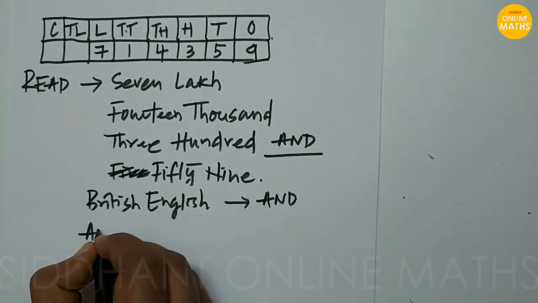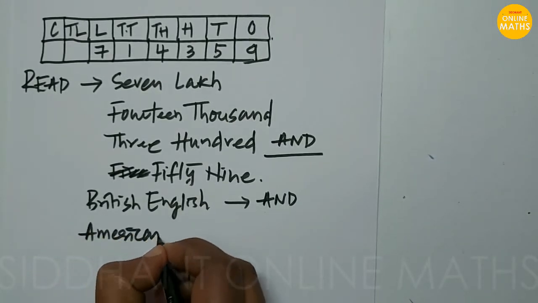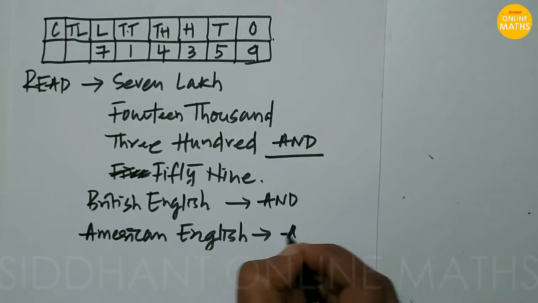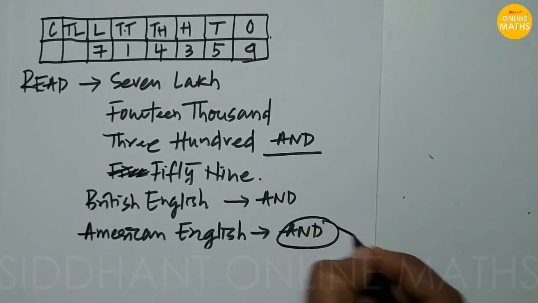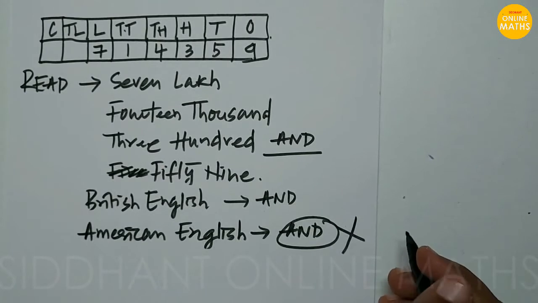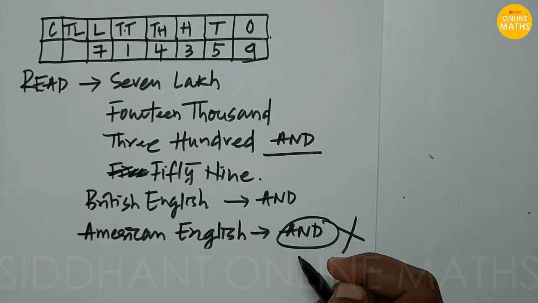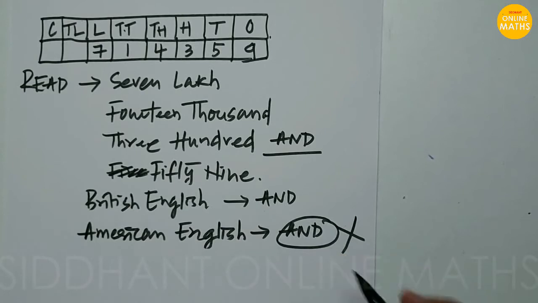And when you use American English, you are going to omit this 'and'. So in British English we read 7,14,359 with 'and', and in American English we read it without. So this is about how you are going to read a large number.